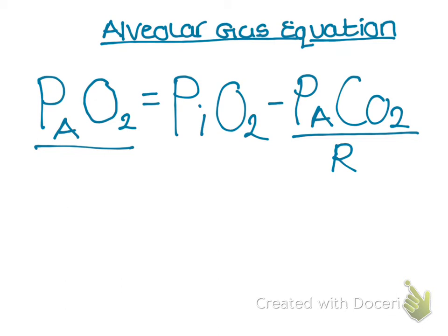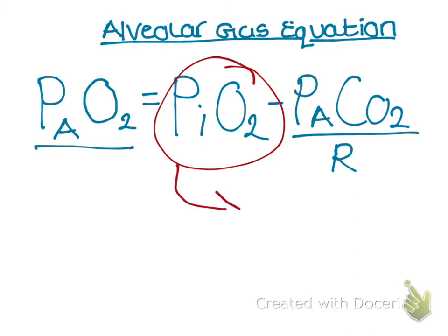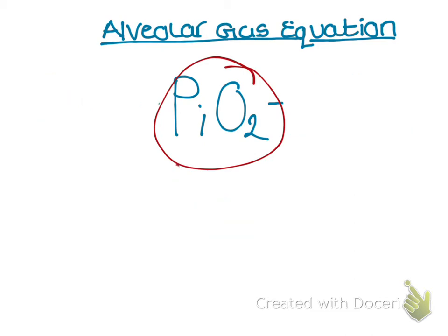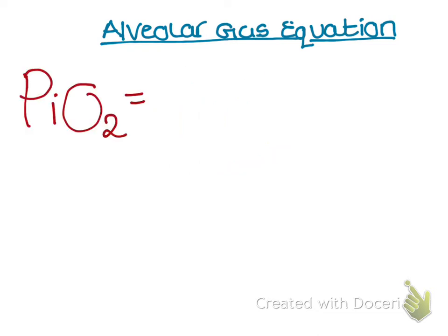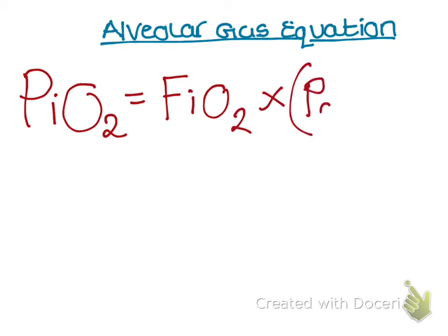So let's talk about how we calculate the PiO2, which is the partial pressure of inspired oxygen. The equation that we have is PiO2 equals FiO2 times P atmosphere, that's the partial pressure in the atmosphere, minus the partial pressure of water, PH2O.